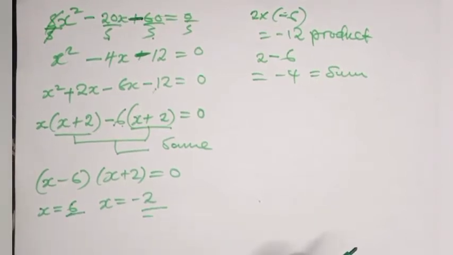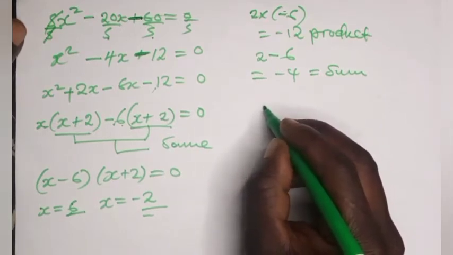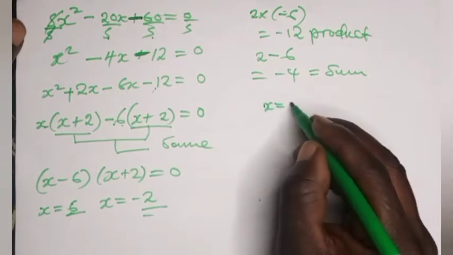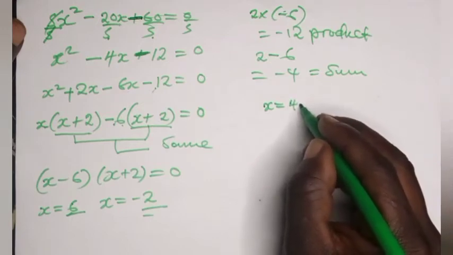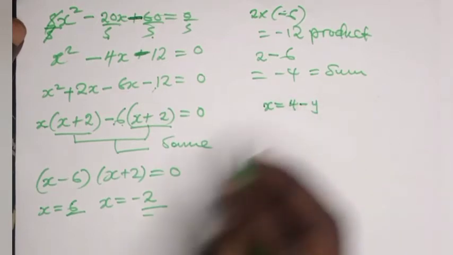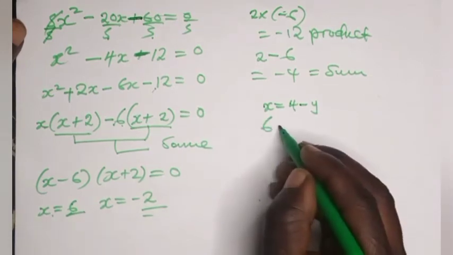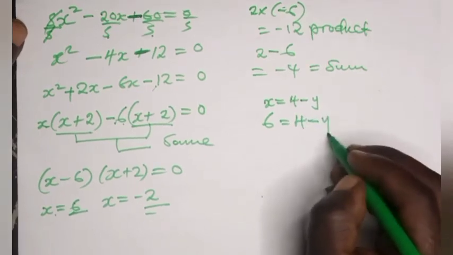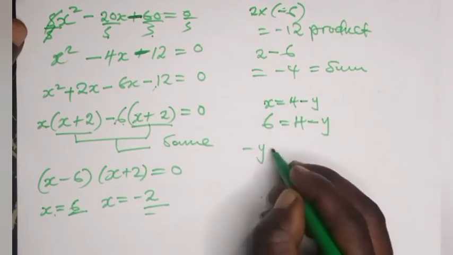Let's find the value of y. We are going to use the first equation, which was given as x equals 4 minus y. So where there is x, we substitute 6. 6 equals 4 minus y.